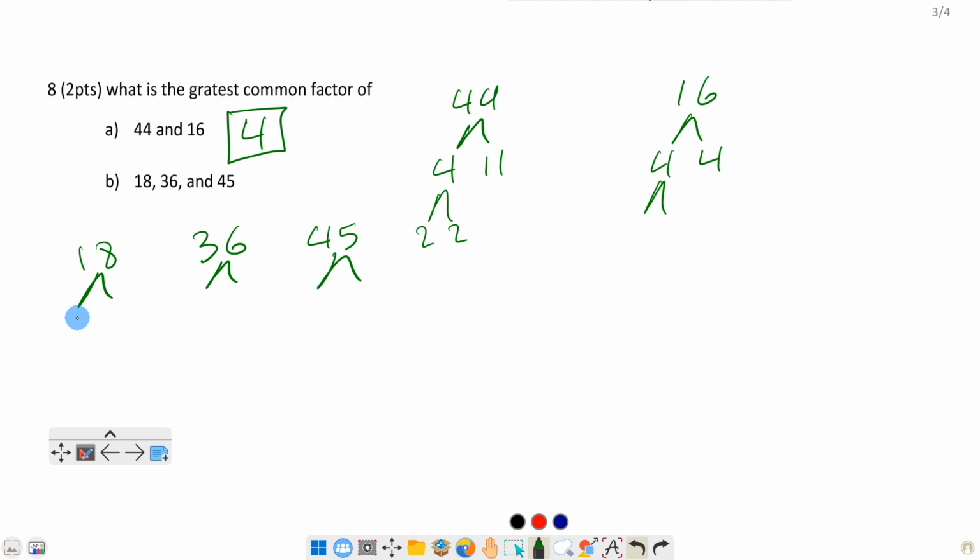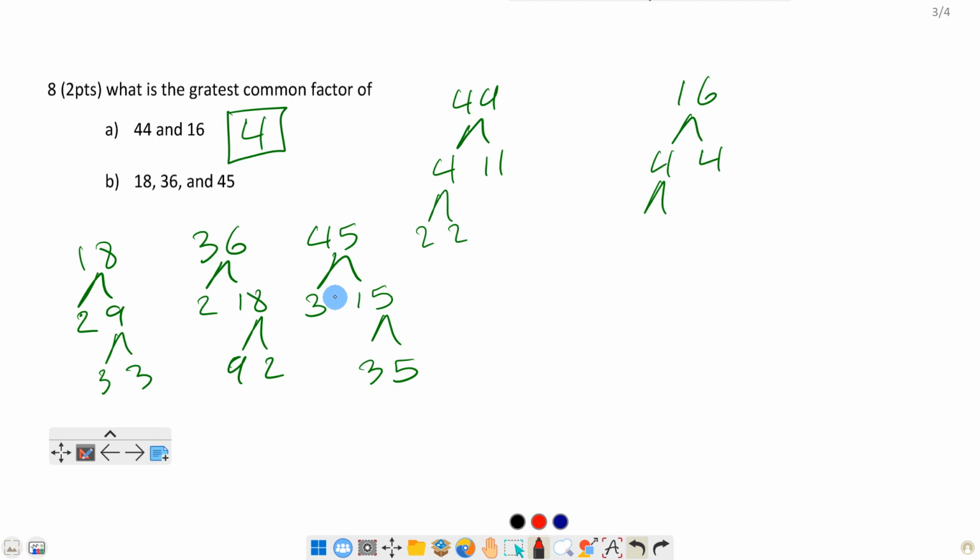And so what I'm going to do here is I can split this up into 15 and 3, and I can split this up into 18 and 2, and I can split this up into 9 and 2. So as you can see here, I've got an 18 and 18, but I don't have an 18 over there. So I'm going to split this up again, 3 and 3, 9 and 2, 3 and 5.